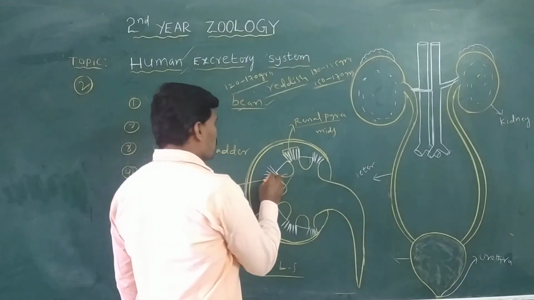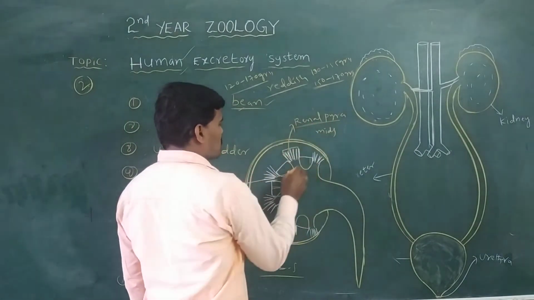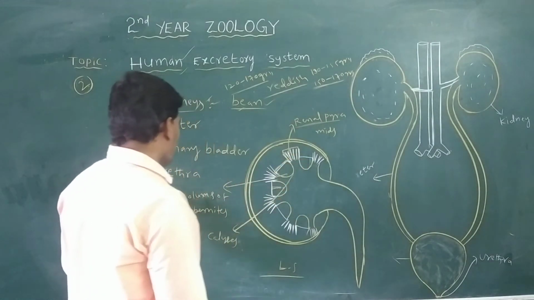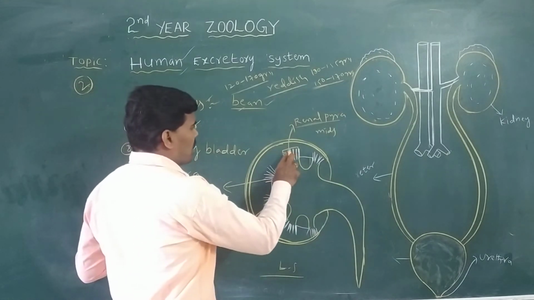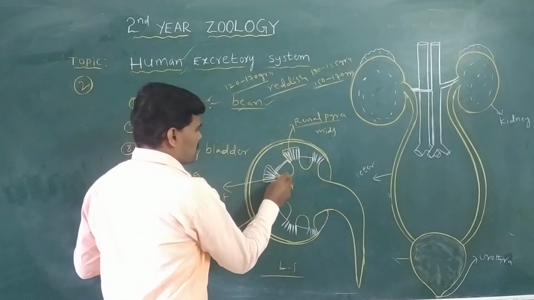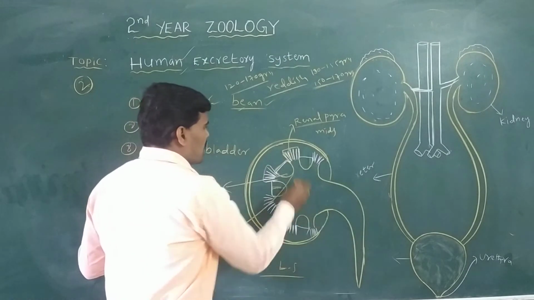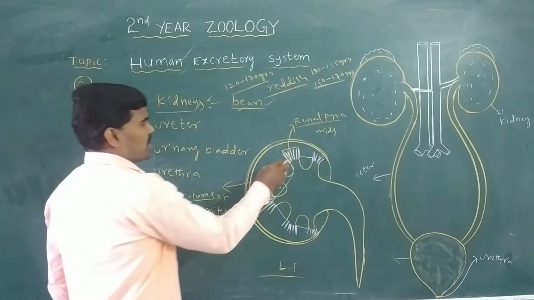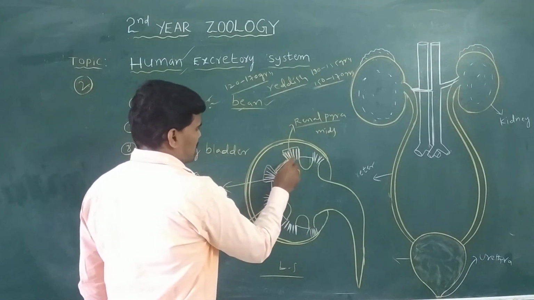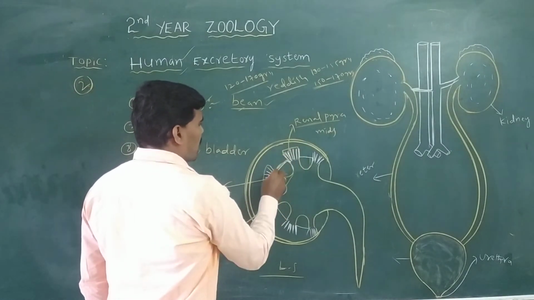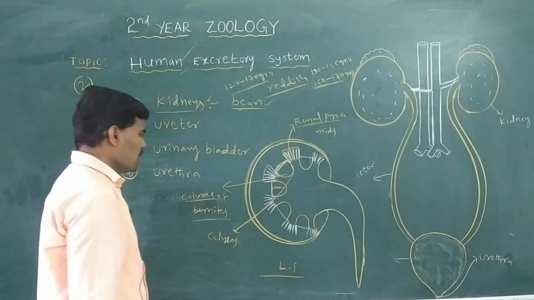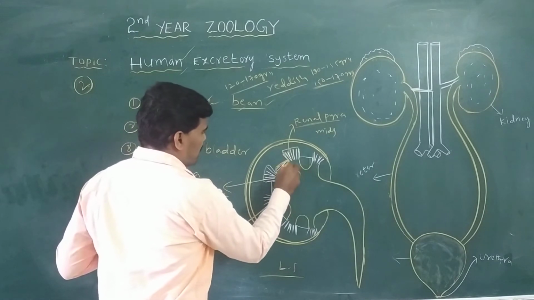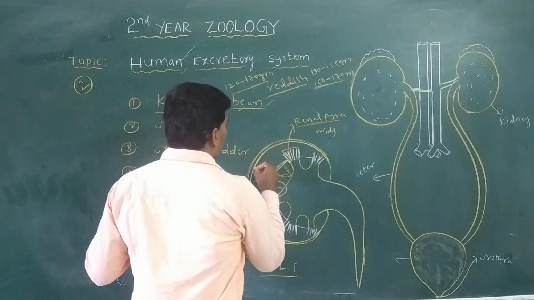In between two renal pyramids, the projections or broad spaces are called the columns of Bertini.